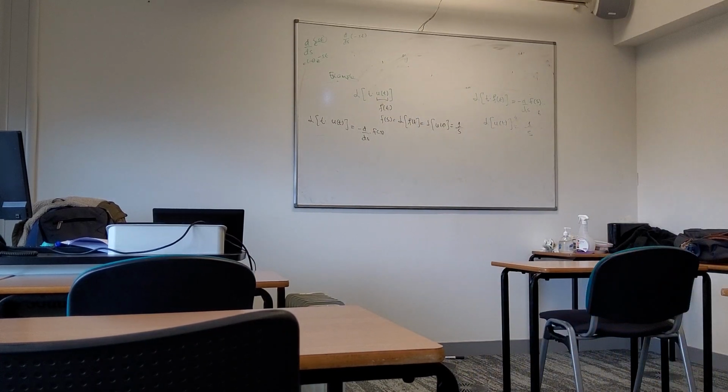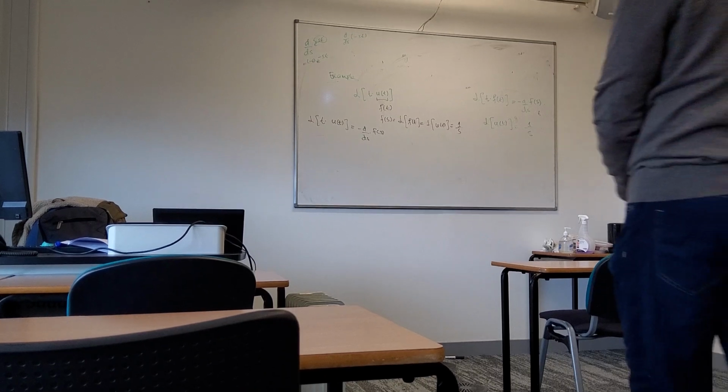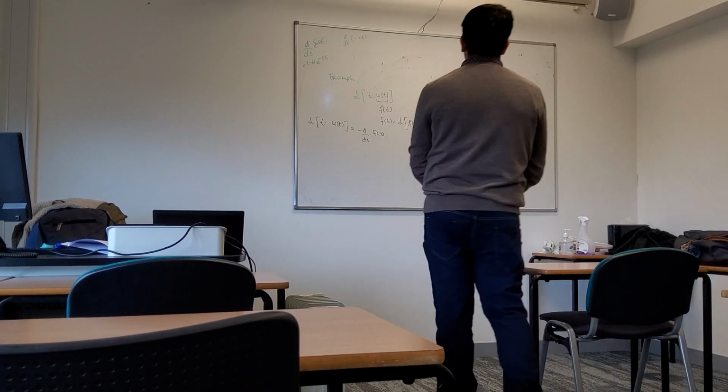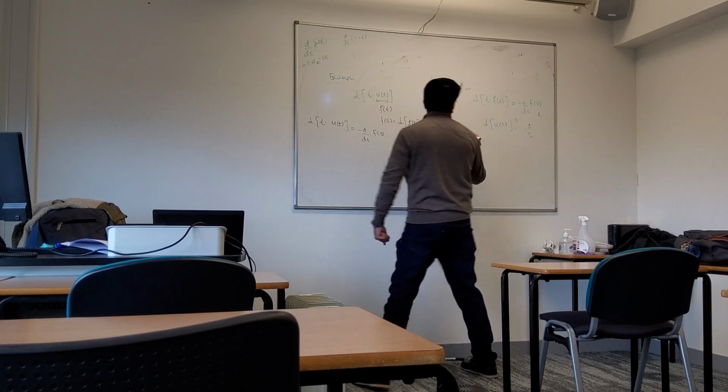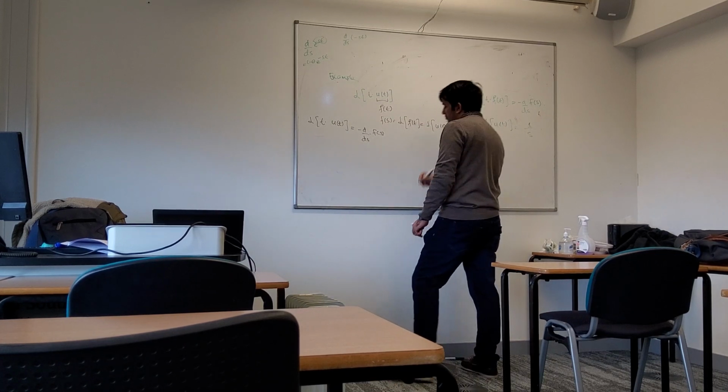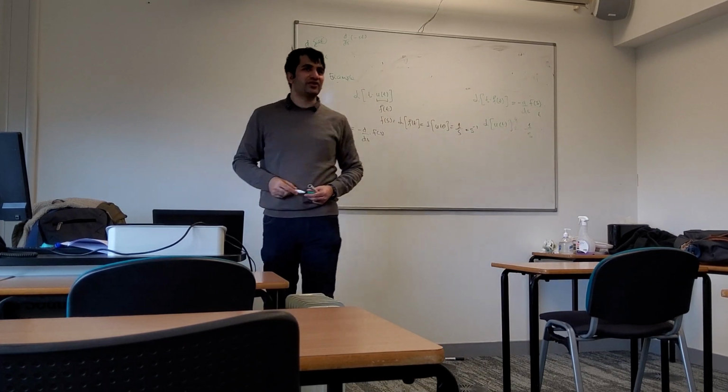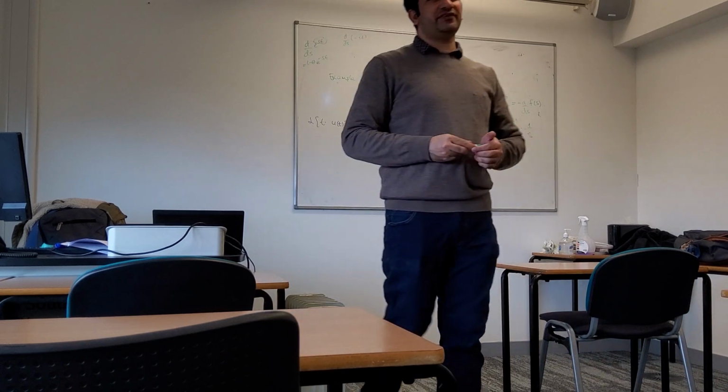You just need to take the derivative of 1 by s. Here the main hint is that you just need to write it as s power minus 1 so that you can solve it by the property of derivative.